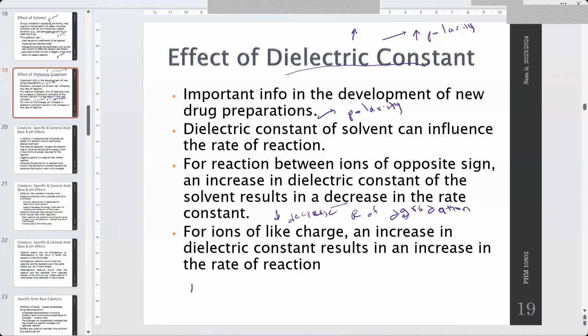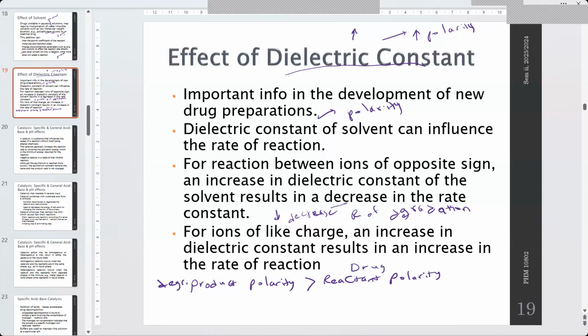There is another rule also. If the product polarity is higher than the reactant polarity, so product here is the degradation product. Reactant here is the drug itself.